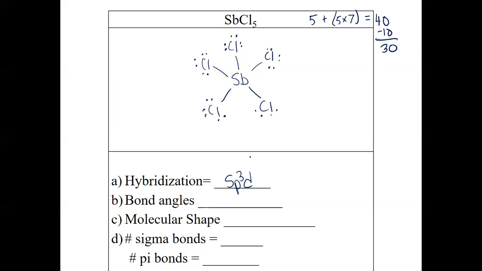The molecular shape is trigonal bipyramidal. And so the bond angles are 120 degrees and 90 degrees. So sigma bonds, everything is single bonded. We have 5 sigma bonds and 0 pi bonds.